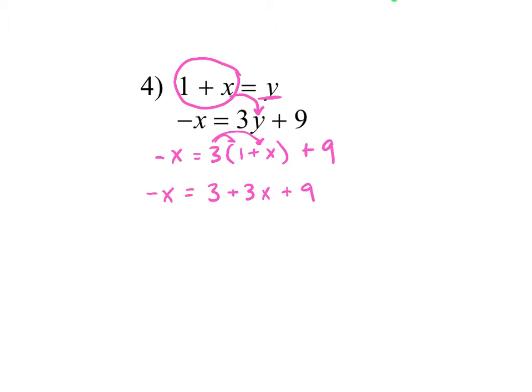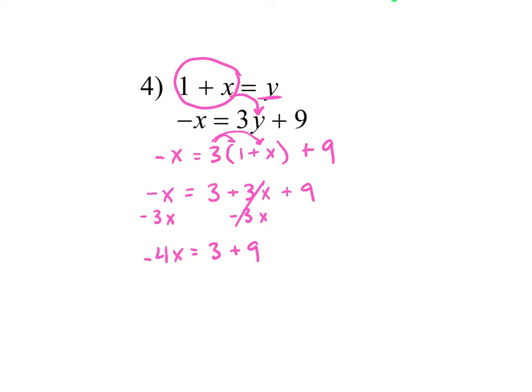What should we do next? Subtract 3x, just so we can combine our like terms. So now we have, what's -x minus 3x? -4x is equal to 3 plus 9.